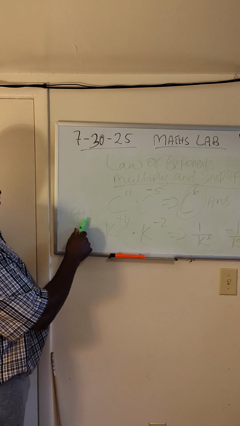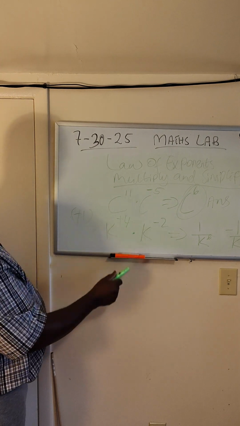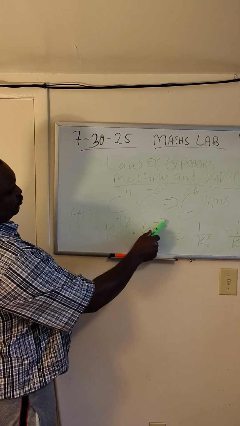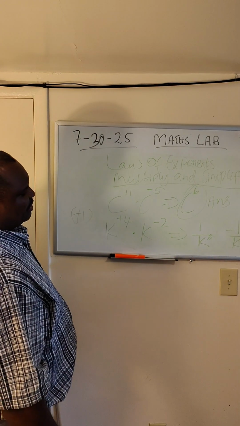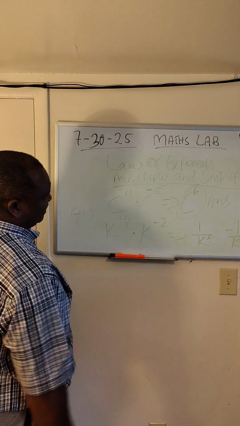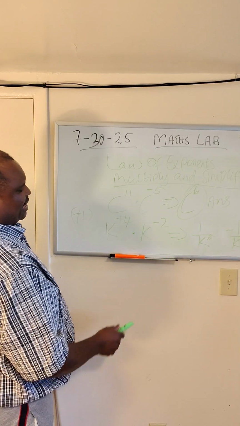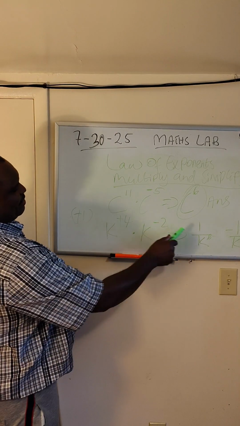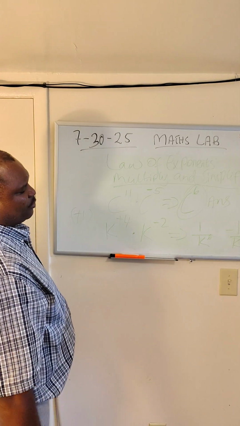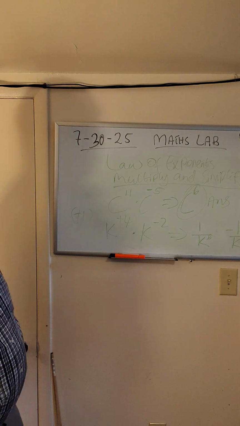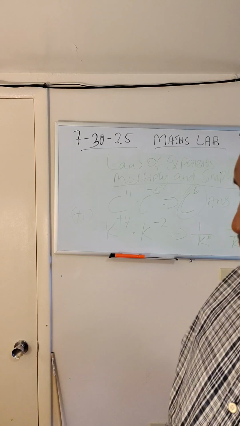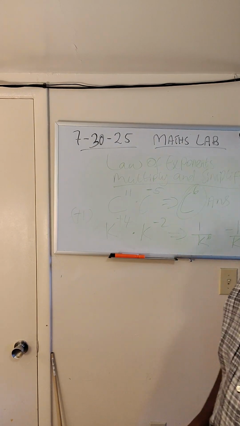So 1 times 4 gives us 4, and 1 times 2 gives us 2. Now we just add 4 plus 2 gives us 6. And that 1 becomes 1 here. So that's why we have 1 over k raised to the power of 6.